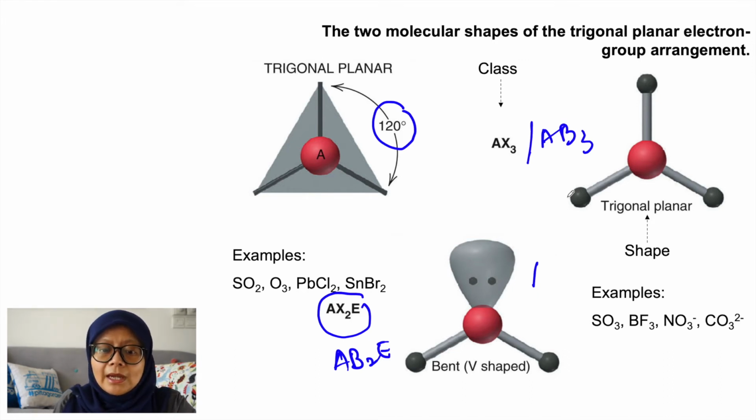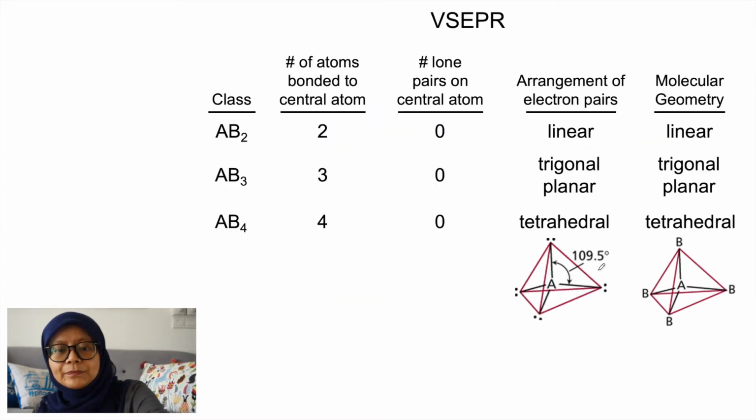For example, for trigonal planar we can have SO3, BF3 and so on, while examples for the V shape are SO2, ozone and so on. This bent shape actually comes from the original shape of the trigonal planar.